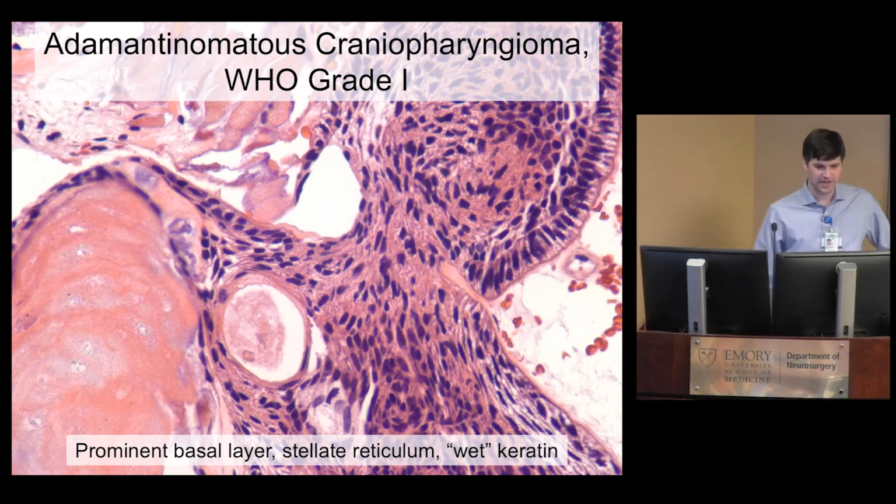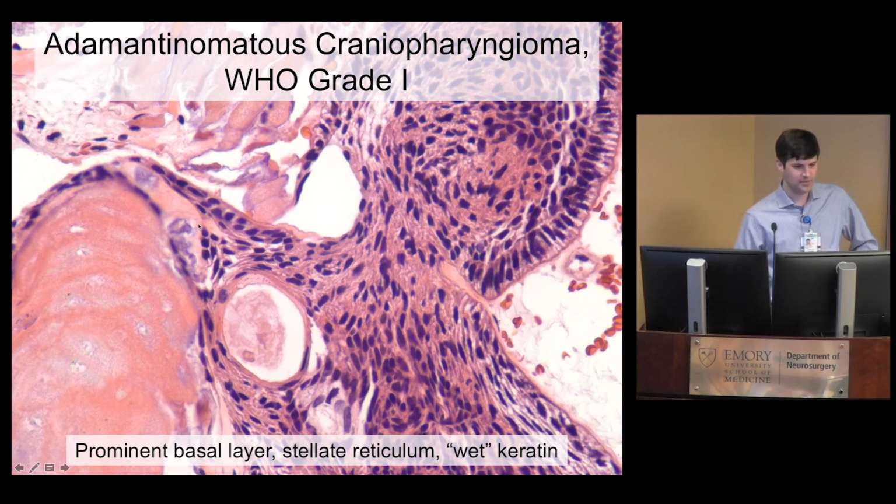Craniopharyngiomas we would see in the sella or suprasellar. And the adamantinomatous subtype of craniopharyngioma is a squamous proliferation that produces what's called wet keratin, and these are called ghost cells, ghost keratinocytes. So it looks like a pink cell that has lost its nucleus, and you can just see where the ghost of the nucleus once was.